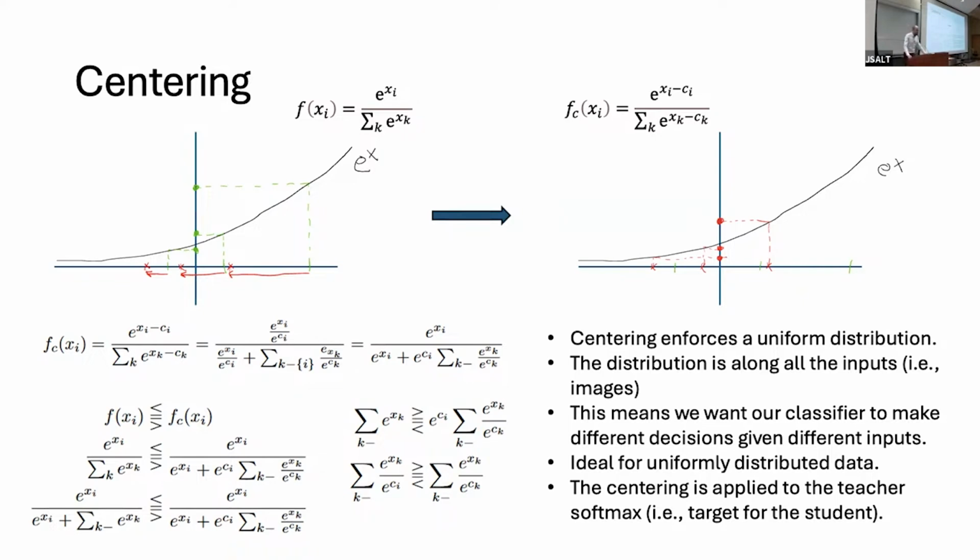It works pretty well even for long tail distributions, but ideally you want your classes to be uniformly distributed so that the centering makes sense. Because if you have random sampling of your classes, then the uniform distribution of their probability is a good guess.